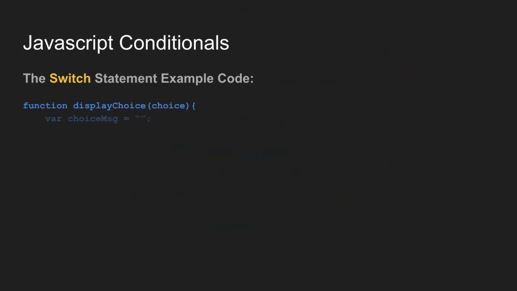So here we have a function called display choice, and the parameter is choice. We have a variable being created called choice message, and the choice is passed in. Choice must be an integer, by the way, in this situation. So if choice is 0, the choice message is you've chosen wisely.